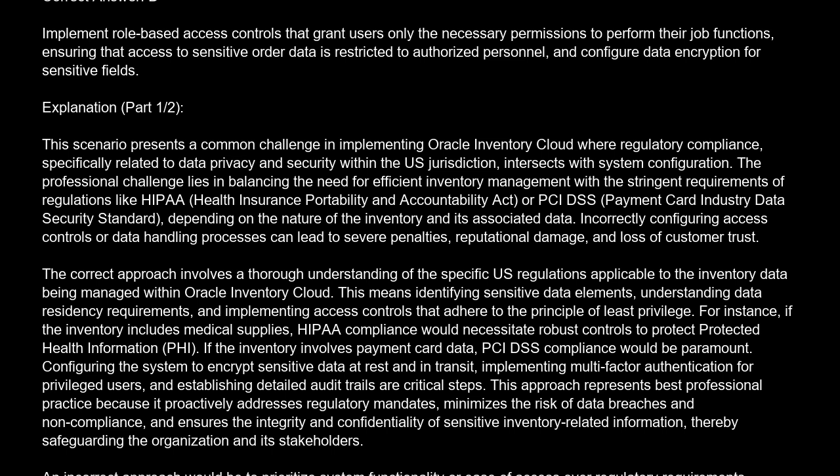For instance, if the inventory includes medical supplies, HIPAA compliance would necessitate robust controls to protect protected health information (PHI). If the inventory involves payment card data, PCI DSS compliance would be paramount. Configuring the system to encrypt sensitive data at rest and in transit, implementing multi-factor authentication for privileged users, and establishing detailed audit trails are critical steps.